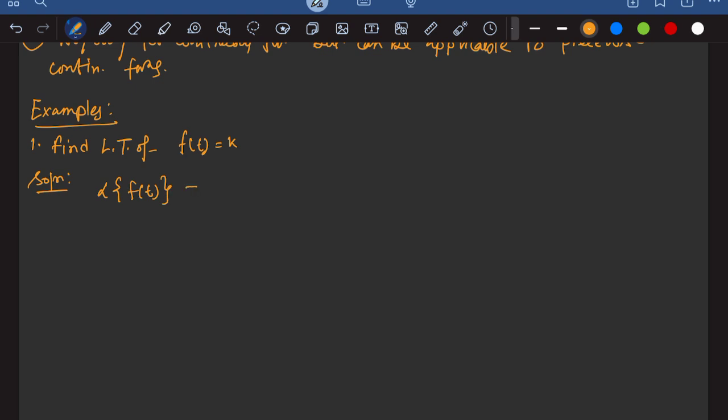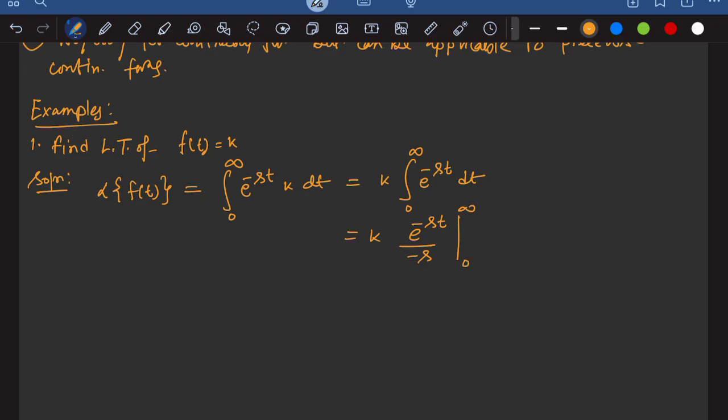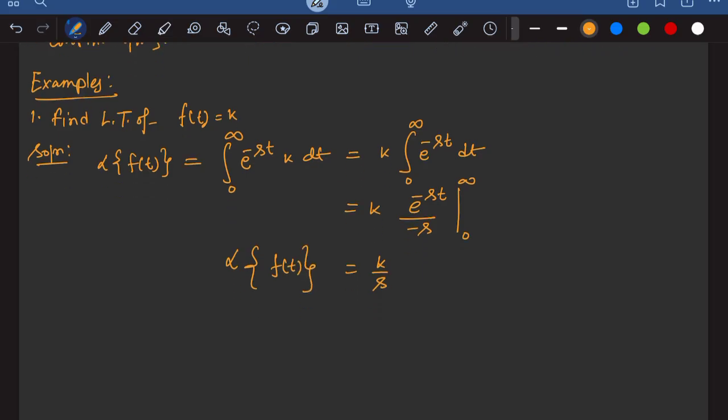The Laplace transform of f(t) is the integral from 0 to infinity of e^(-st) k dt, which is k times the integral from 0 to infinity of e^(-st) dt. So this is k e^(-st) by minus s from 0 to infinity. Putting in the upper and lower limits, you will get k by s. So the Laplace transform of this f(t) is k by s.